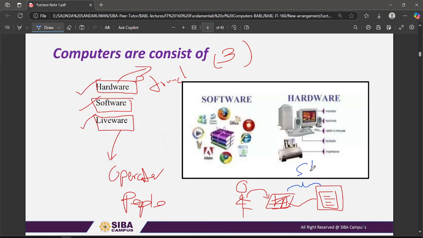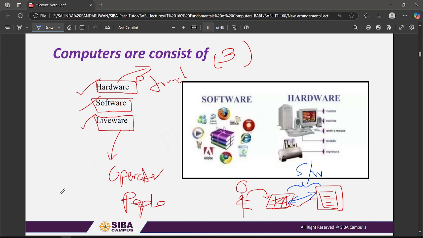The software will connect both the hardware and the liveware. Software is the bridge. It will connect the user and the hardware, and it will also perform several tasks.